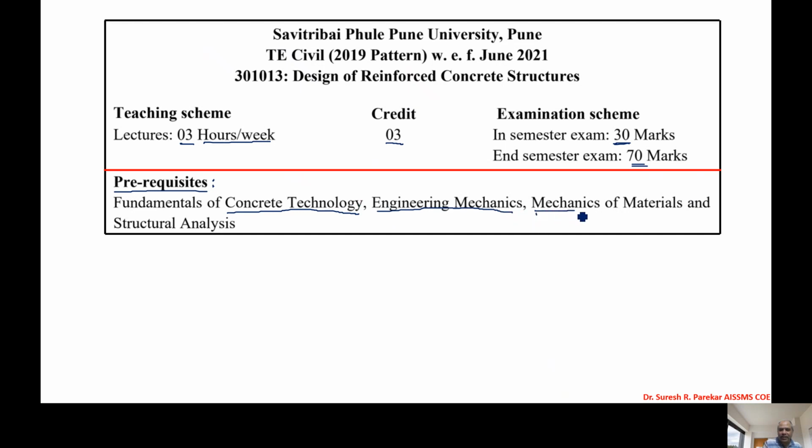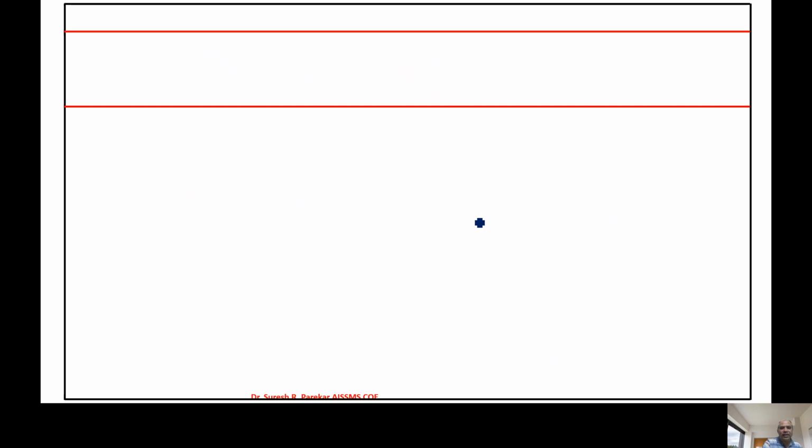Mechanics of materials, or we can say mechanics of structure, first semester, second year, and structural analysis, second semester, second year. So we have these 4 subjects which you have already studied as prerequisites for Design of Reinforced Concrete Structures.